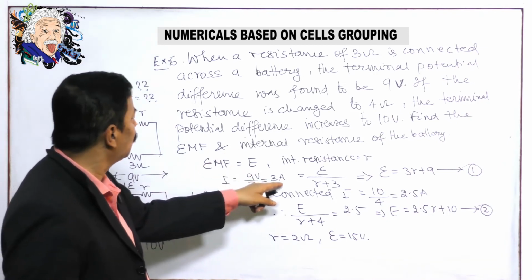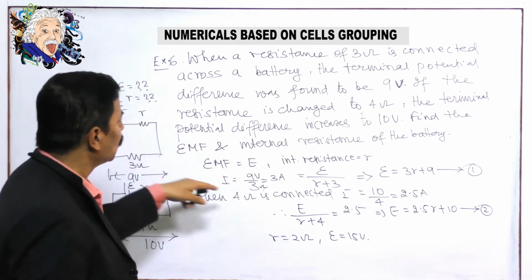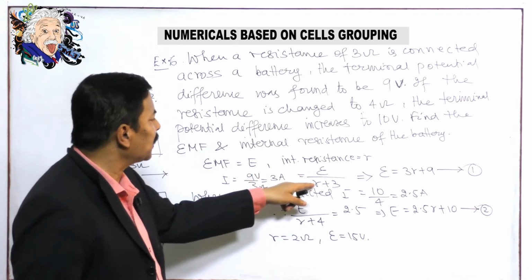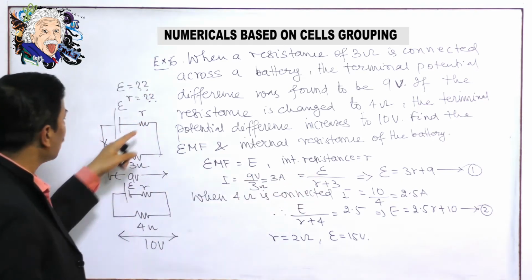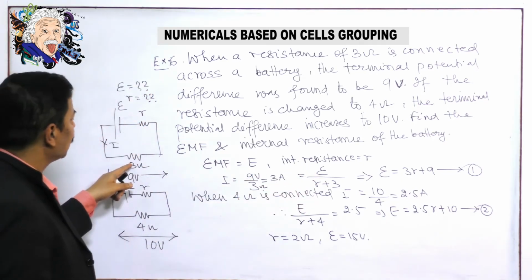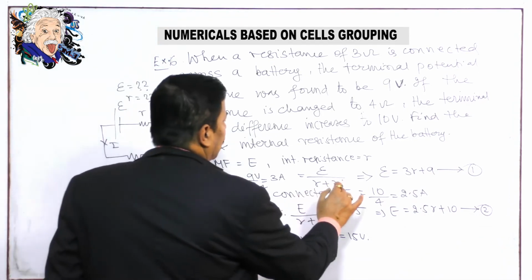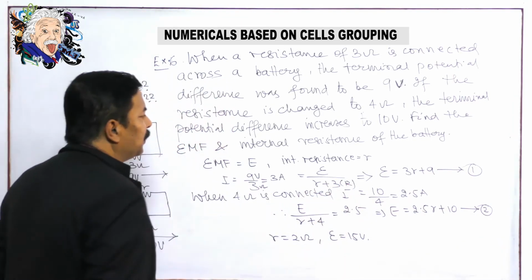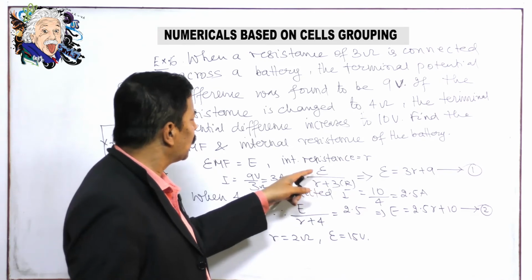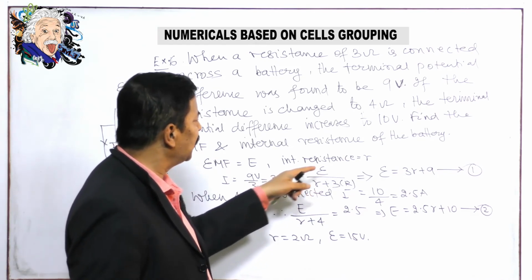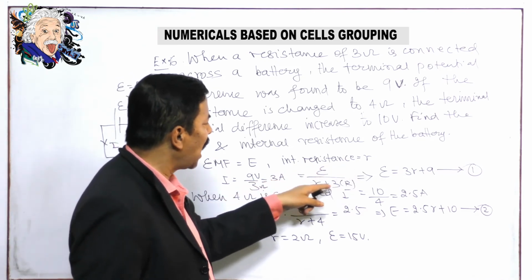That should be equal to the total EMF by total resistance, that is E by 3 plus r. So we are getting E equal to 3r plus 9.